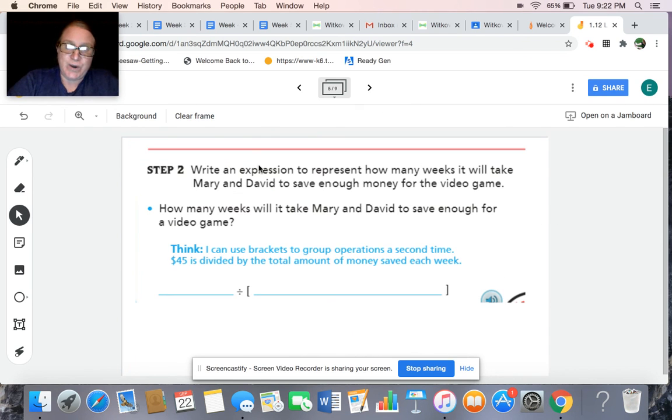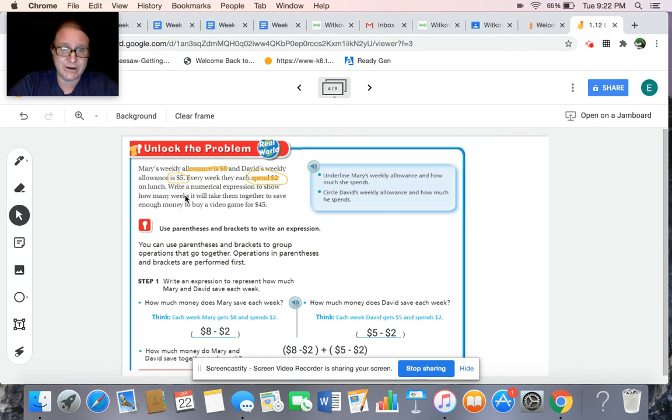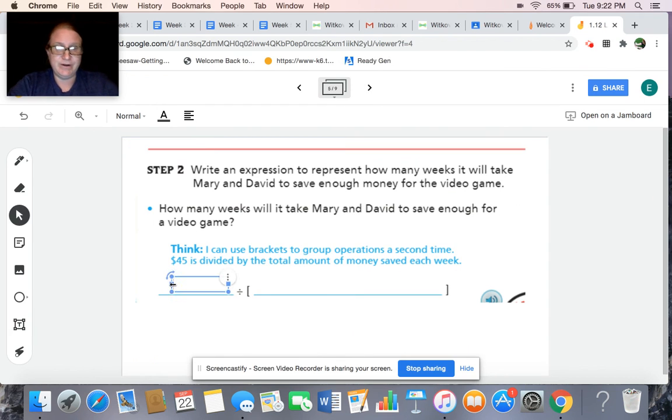Now it says step 2, write an expression to represent how many weeks it will take Mary and David to save enough money for the video game. Well, if I go back here, that video game costs $45. So that needs to be the number in front. So I'm going to put $45 there. 45 divided by, and then it was our whole expression that we came up with for Mary and David.